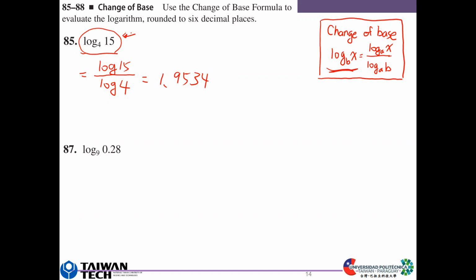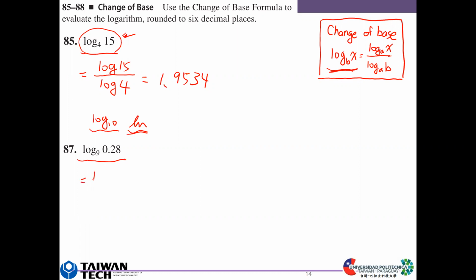Because on the calculator, you only have two log functions. One is log to the base of 10. Another is natural log. So for 87, you change your base, because on the calculator there's no button for an arbitrary base log function.